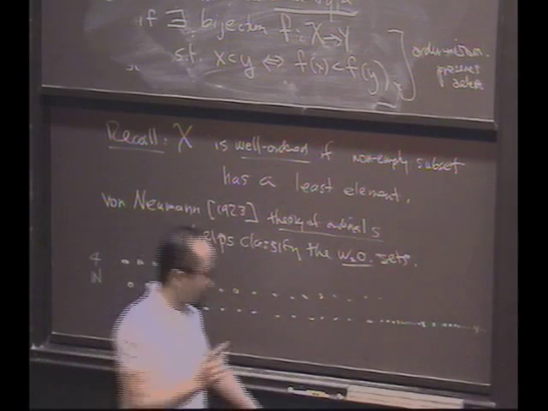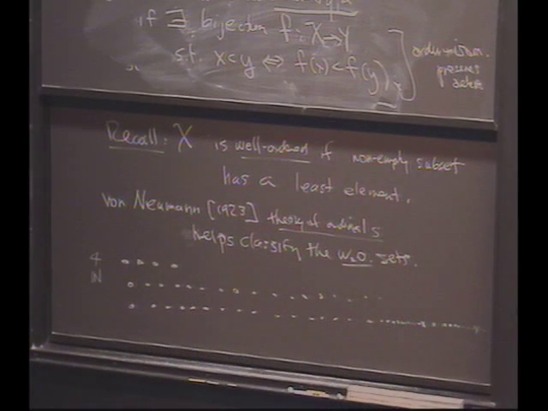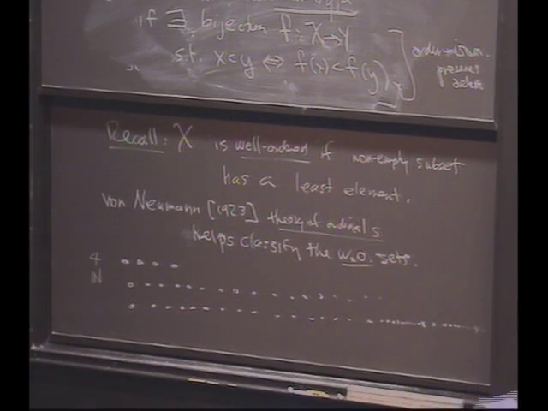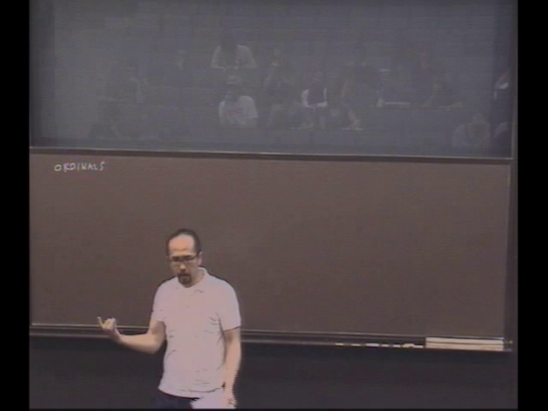Okay, so what was von Neumann's idea? Well, von Neumann said, here's one way we could start off. Let's start off by describing a well-ordered set that's naturally, vacuously well-ordered: the empty set.